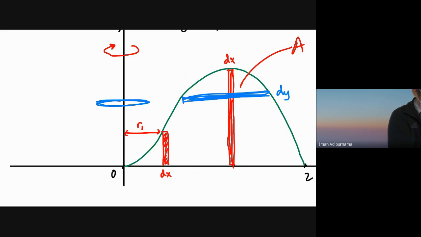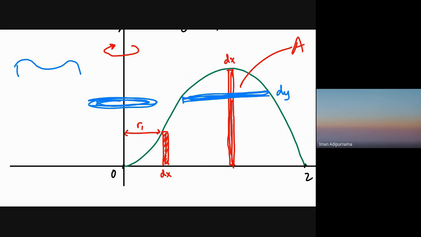Is it like this? No, right? If you imagine the whole thing rotated, it's not a disc. It's like when you wash your hands, sometimes the shape looks like that, like washing hands in the washroom.